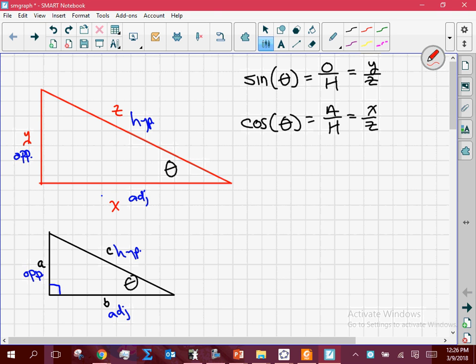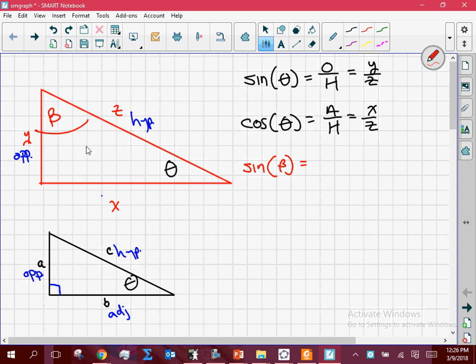What if I do this? What if I plug in a new angle up here and I call it beta? Could you tell me what the sine of beta would be? Now, if I look at beta, all my side lengths have to be identified off of that. So this would no longer be adjacent.